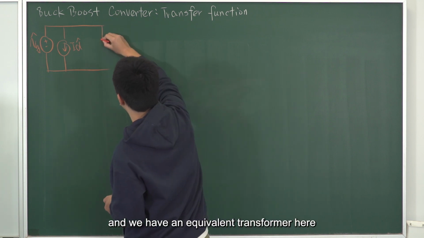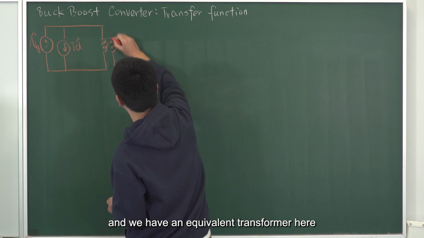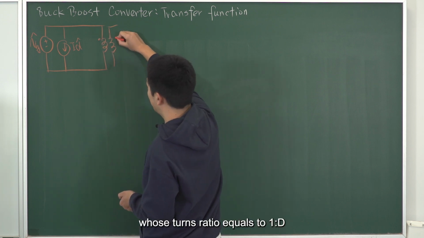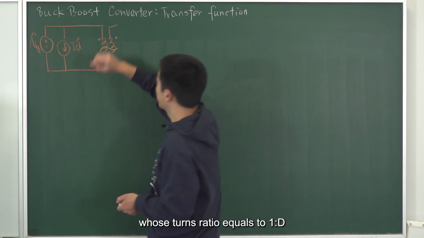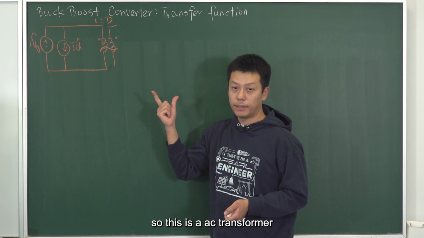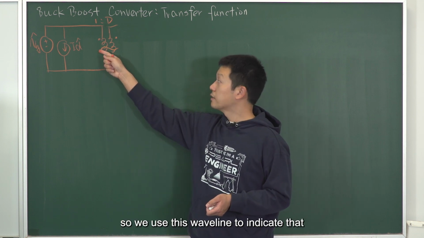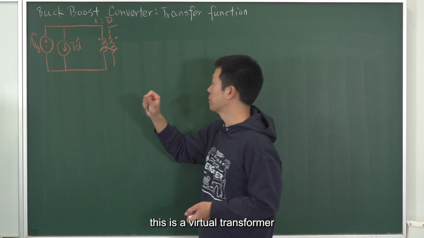And we have an equivalent transformer here whose turns ratio equals 1 to D. This is an AC transformer, not a real transformer, so we use this wavy line to indicate that it is a virtual transformer.